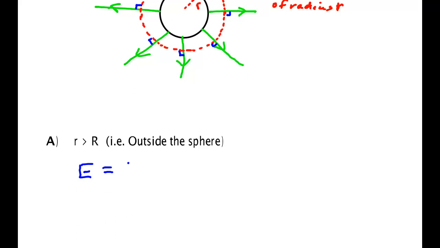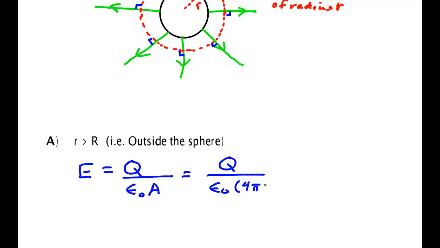My answer is big Q over epsilon naught times A. That's Q over epsilon naught. My A is 4 pi times the radius of my sphere, which is r squared. So my electric field is, now let's see, 4 pi epsilon naught.